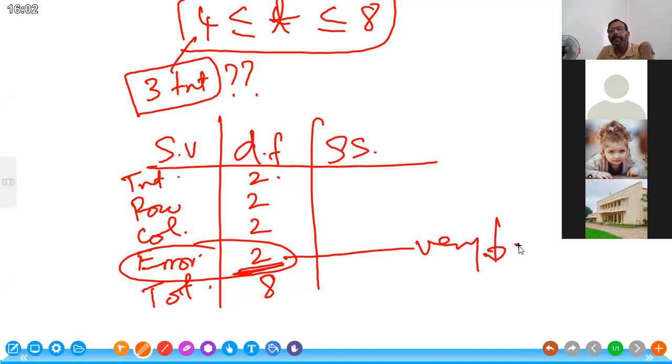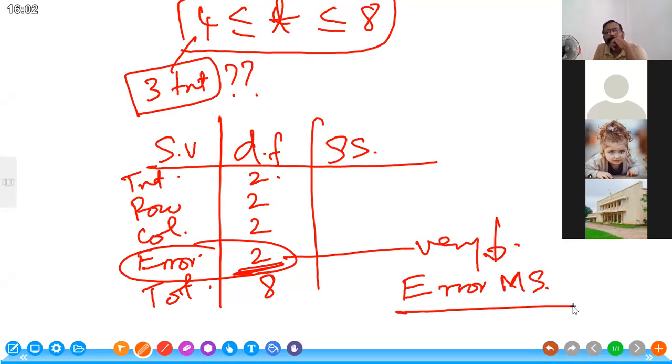If error degree of freedom is very low, what will happen to error variance or error mean square? What will happen to error mean square if the error degrees of freedom is low? Rania?